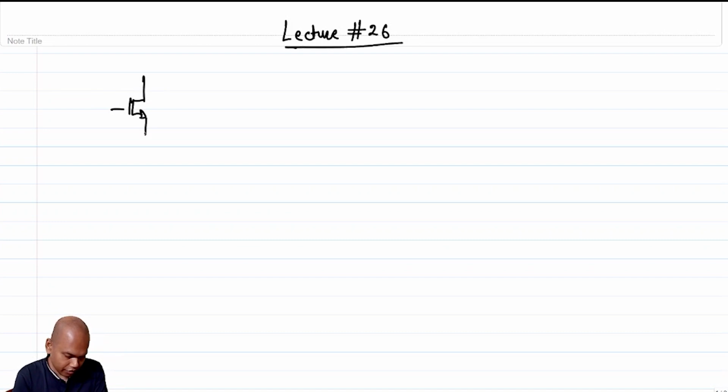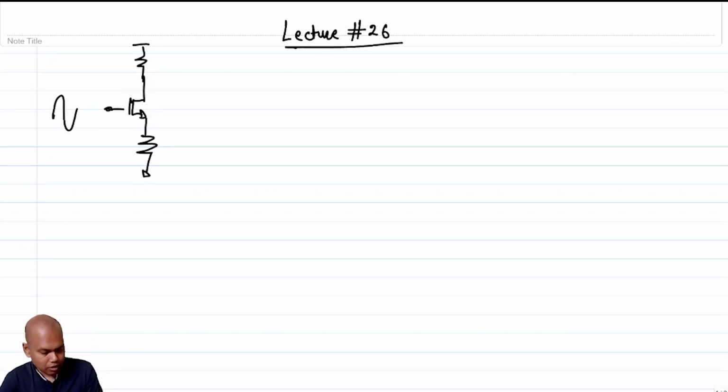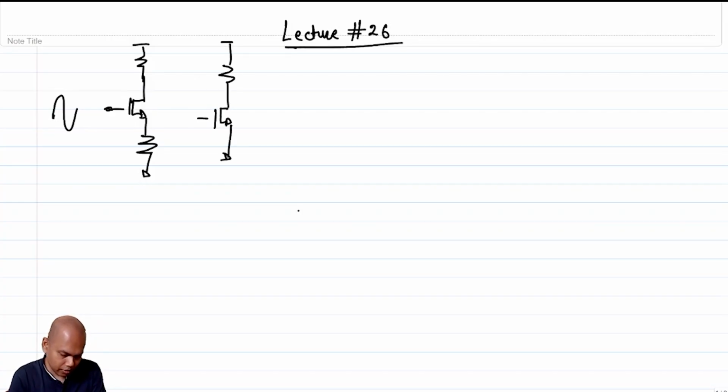So let's say you have a source degenerated amplifier, and you apply an input here, as compared to the case where the source is grounded, and let's say you are applying an attenuated input here, right?